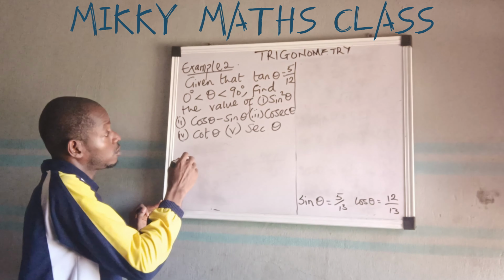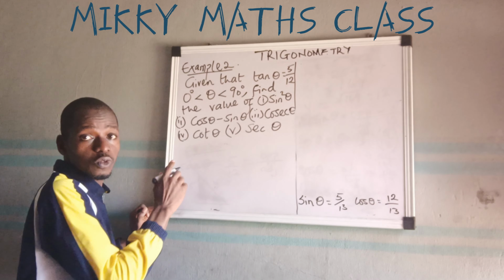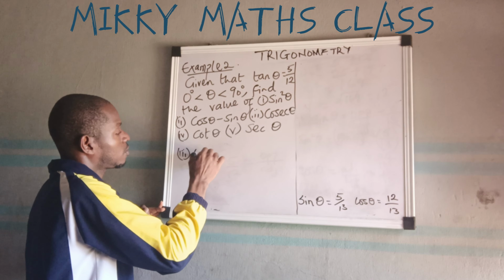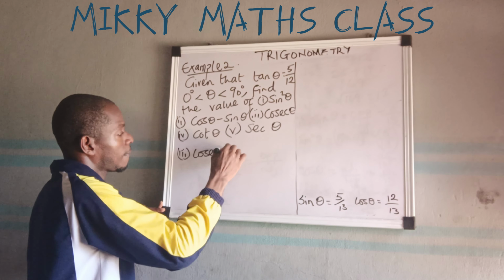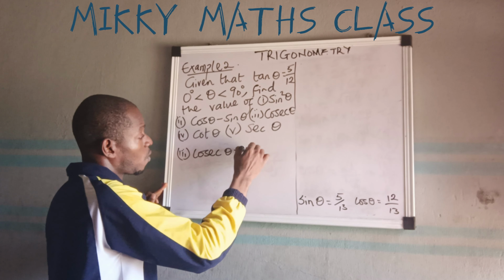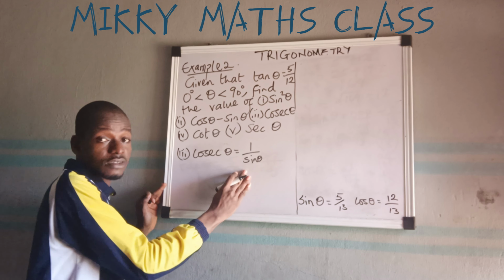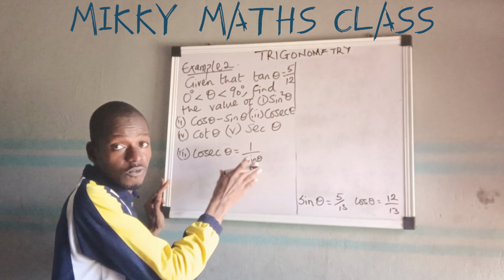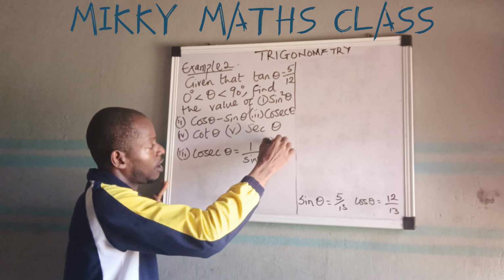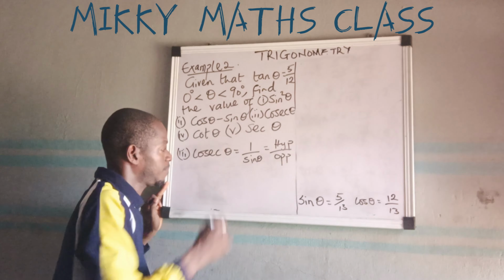For the third one, we found the value of sin squared theta. We found this. Now the third one, cosecant theta. Now we remember that our cosec theta is the same thing as 1 over sin theta, and our sin theta is opposite over hypotenuse. Therefore our cosec theta is hypotenuse over opposite.